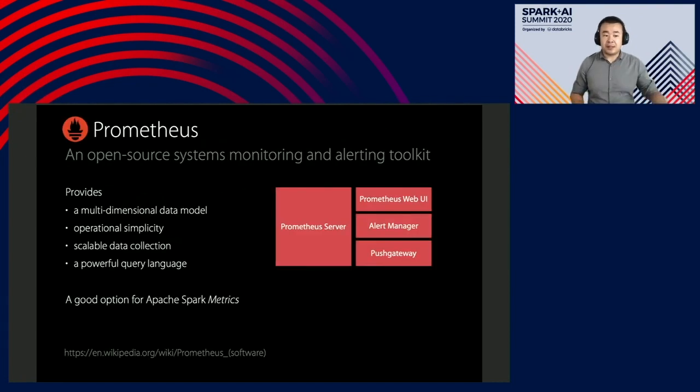So Prometheus is the solution here. Prometheus is an open source decentralized monitoring tool. Literally, you can use it for monitoring everything. Pretty much you can plug everything into it and monitor it. The data model of Prometheus is multi-dimensional time series.